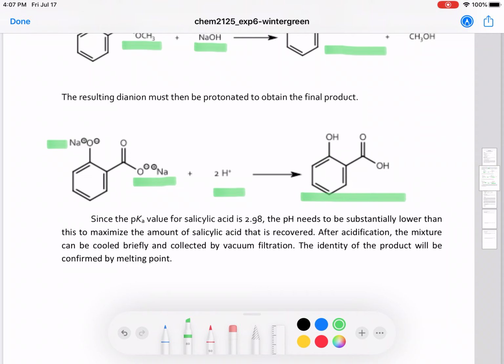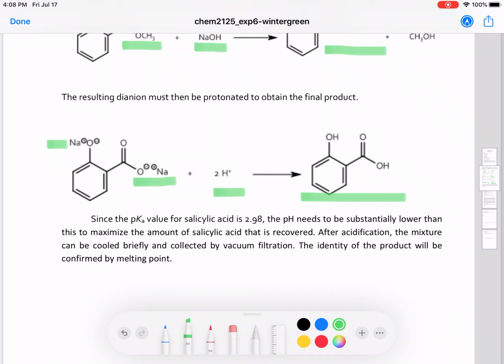We want to make sure that we make our solution really acidic, at least around 2-3 in the pH range. The pKa value of salicylic acid is 2.98. So we want to make sure the pH is lower than this pKa, just to maximize the salicylic acid formation.